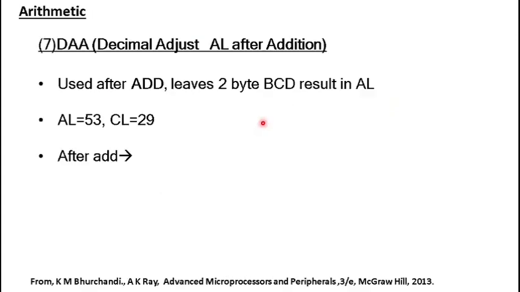Let's see the first instruction that is used to perform BCD arithmetic. It is an instruction that will help us to see the result in BCD format, that is DAA, decimal adjust AL or the accumulator after addition. What you need to understand is there are no particular extra instructions for BCD arithmetic.